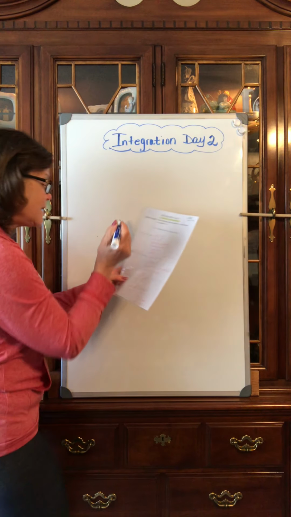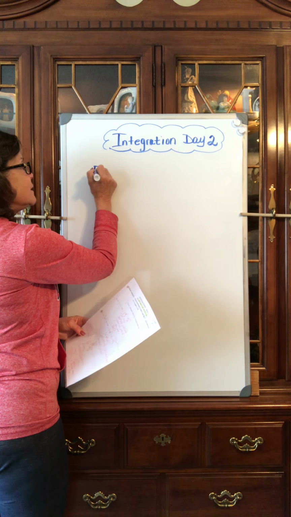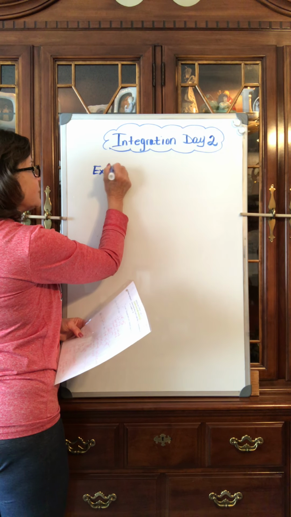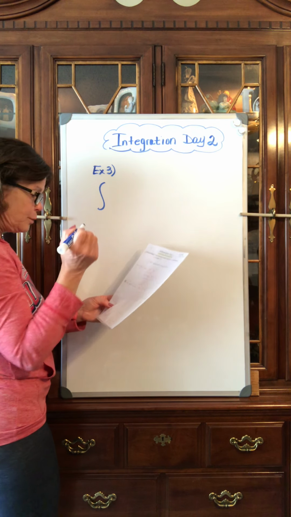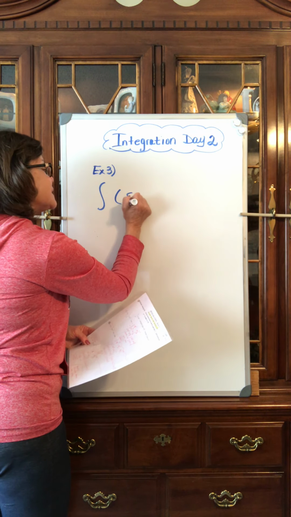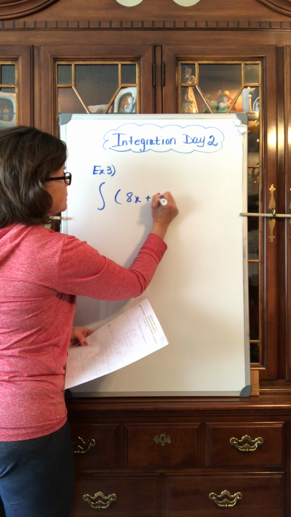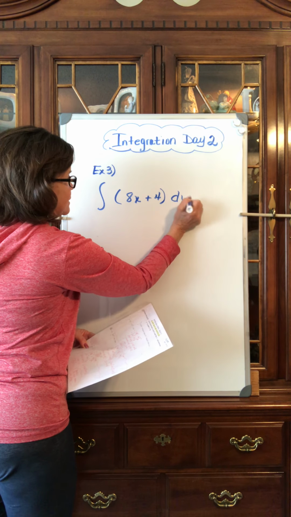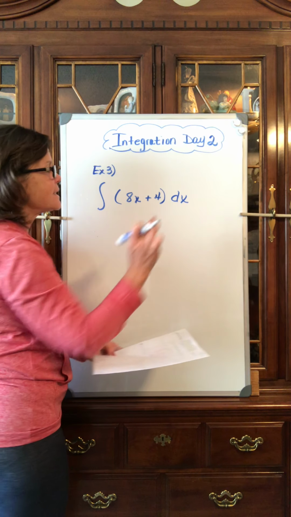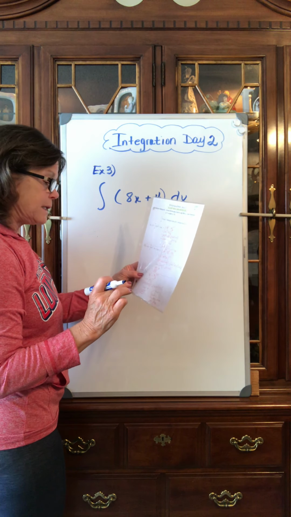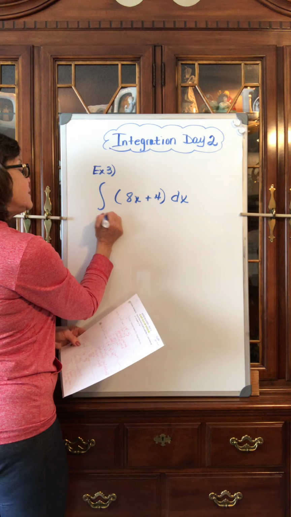Here we go. Example number 3. We are integrating the function 8x plus 4. Okay, so we have our integration dx, and we're integrating that between x values of 0 and 5.